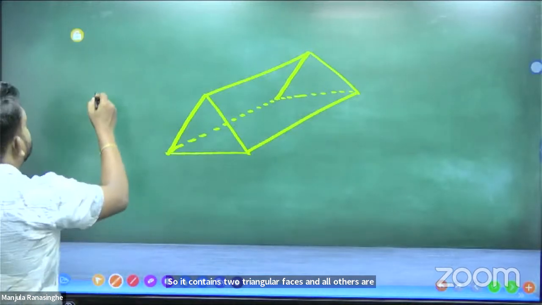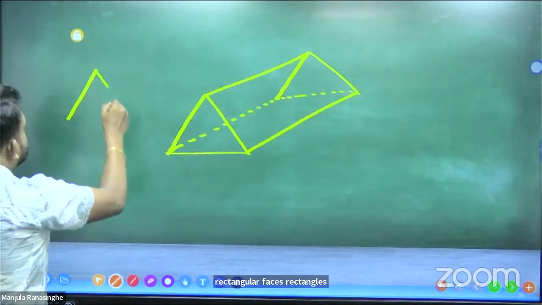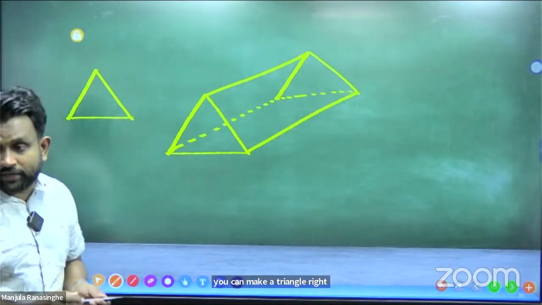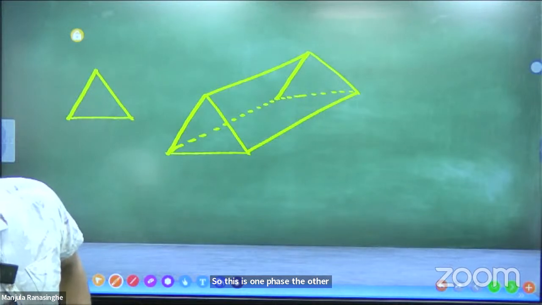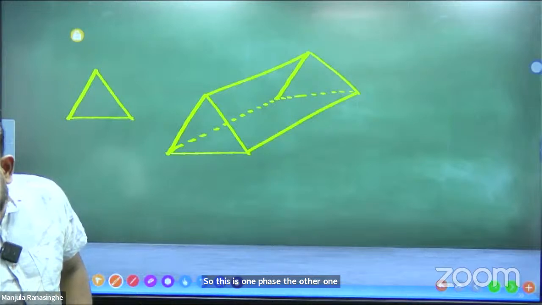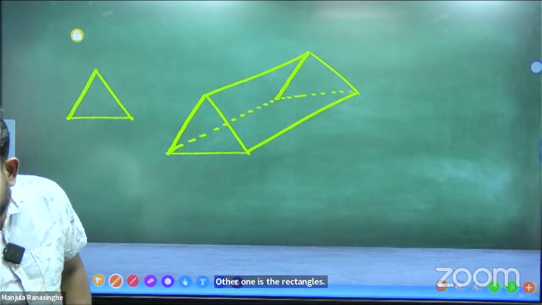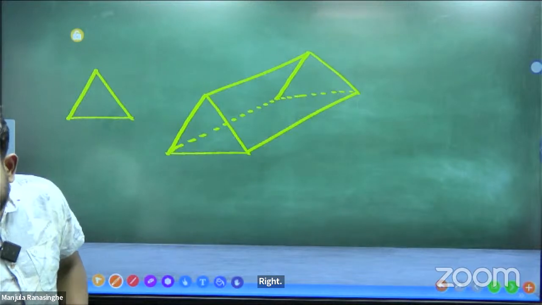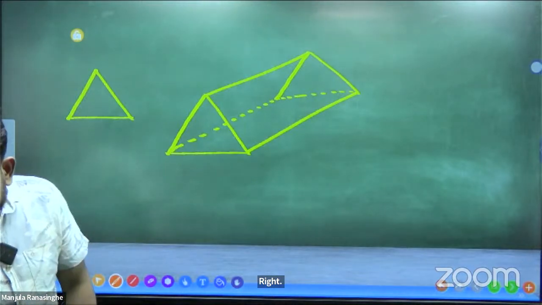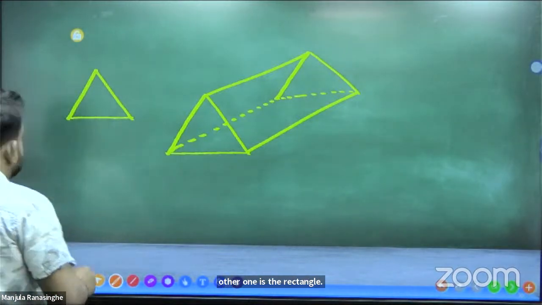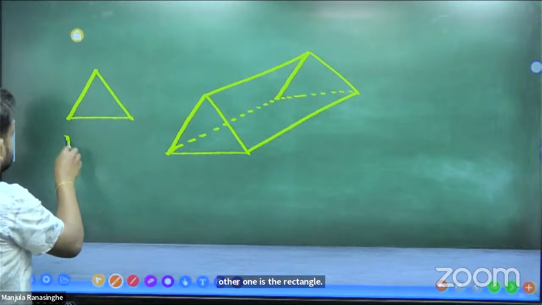So if you draw the faces, you can make a triangle, right? This is one face, and the other one is the rectangle. Then see the face here.